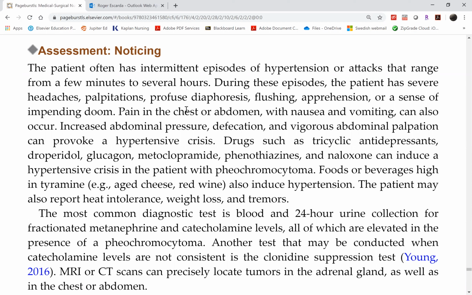Unlike the other conditions, like in Cushing syndrome, the adenoma here is big. It's really big. You will have a palpable mass here, or sometimes it can also be palpable over the abdomen.